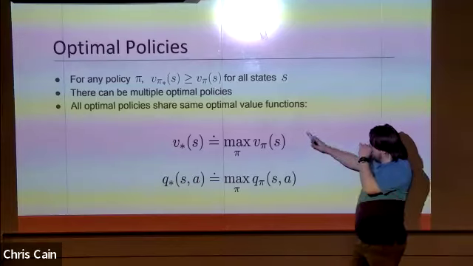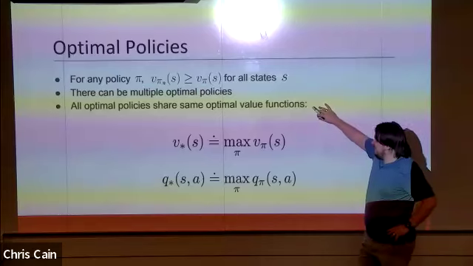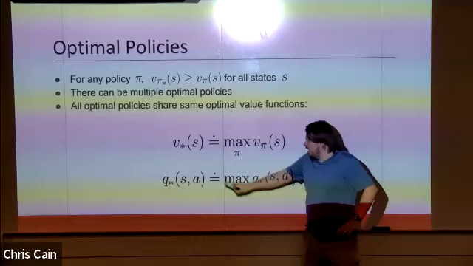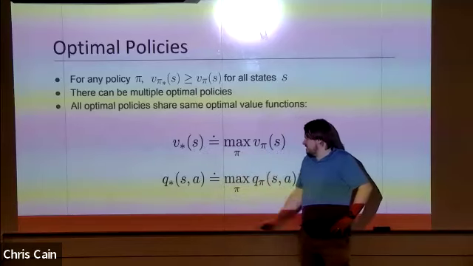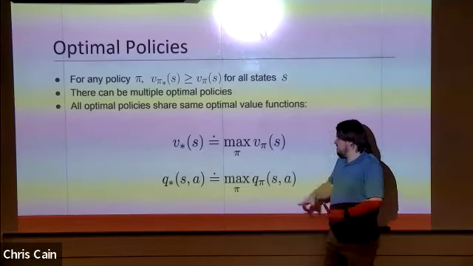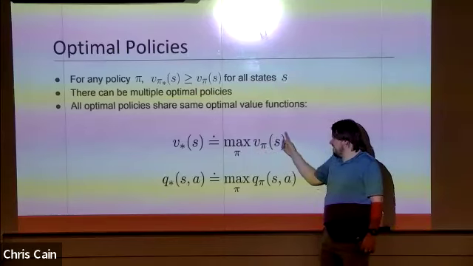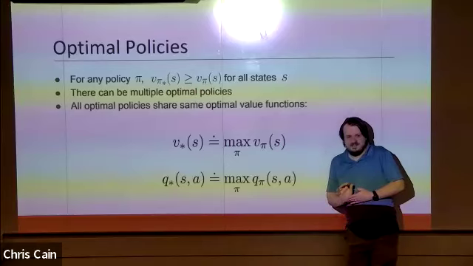So what can we do? We can show that the value functions of any optimal policy is the same. The optimal value function from a particular state just says we want to now maximize, according to the policy, the value of that policy from that state.